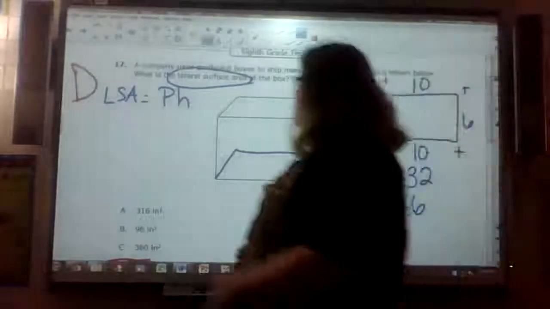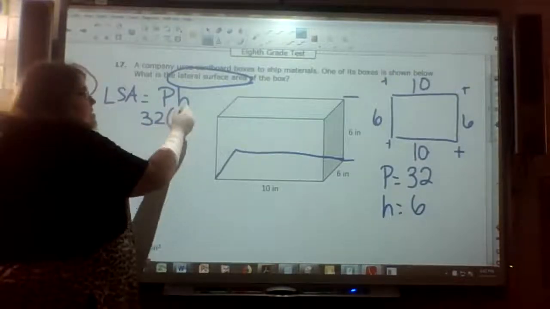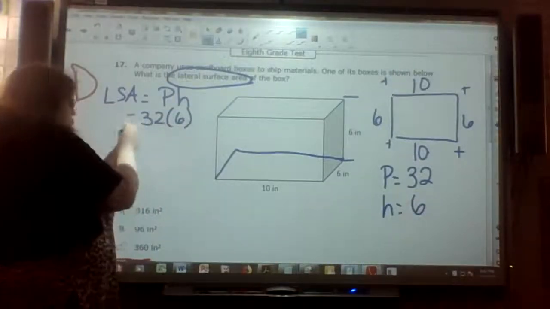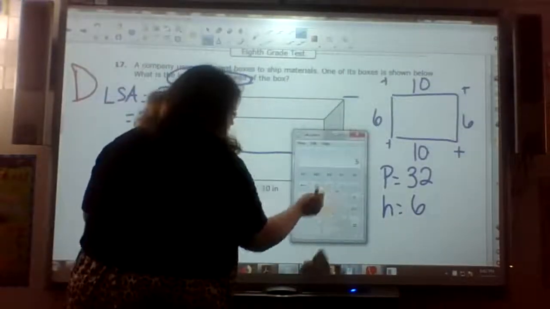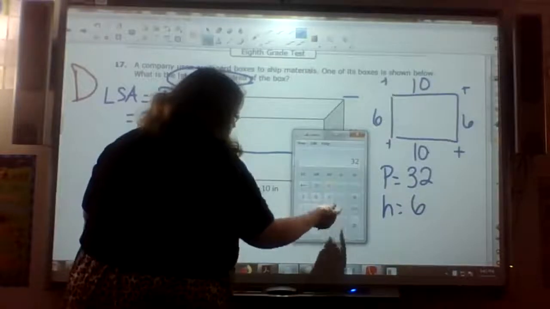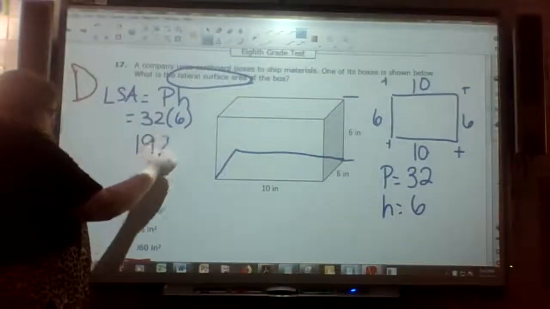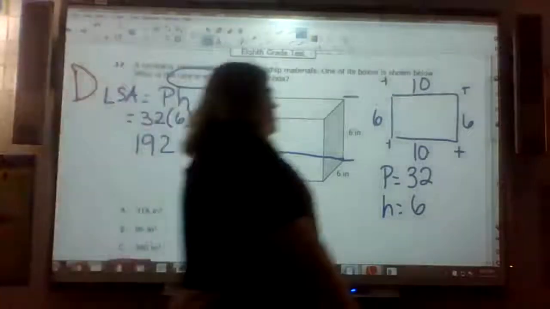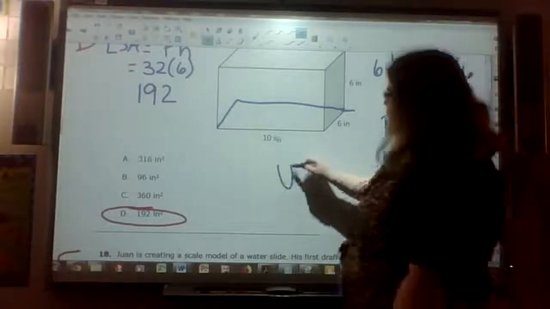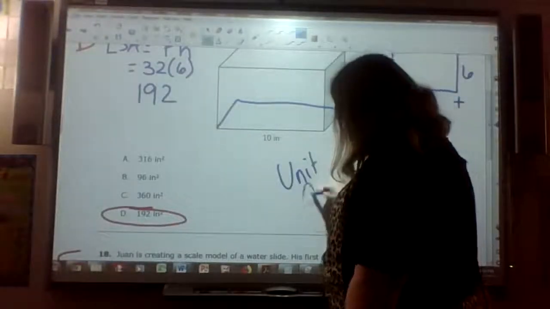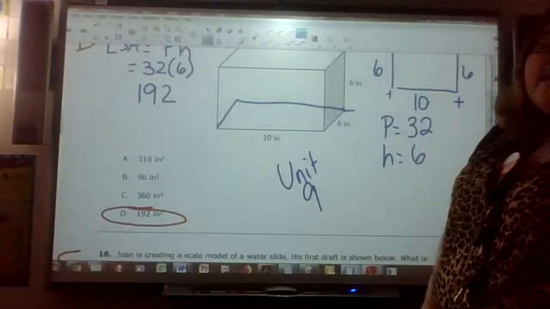Once I have that, I'm going to plug it into my formula. 32 times 6 is 192, which the correct answer was D. And this is in Unit 9 in your notebook. So I would go back to your notebook to Unit 9 to get help on that problem.